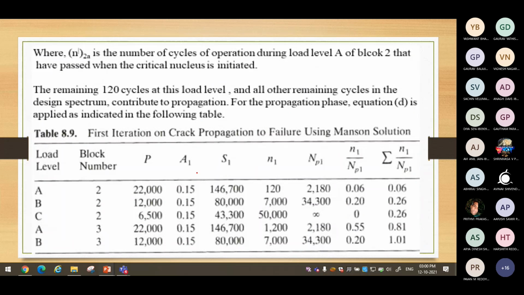The first block of loading gave you point D with the initiation. Where shall I write? I'll write here. D of 1 you have achieved.